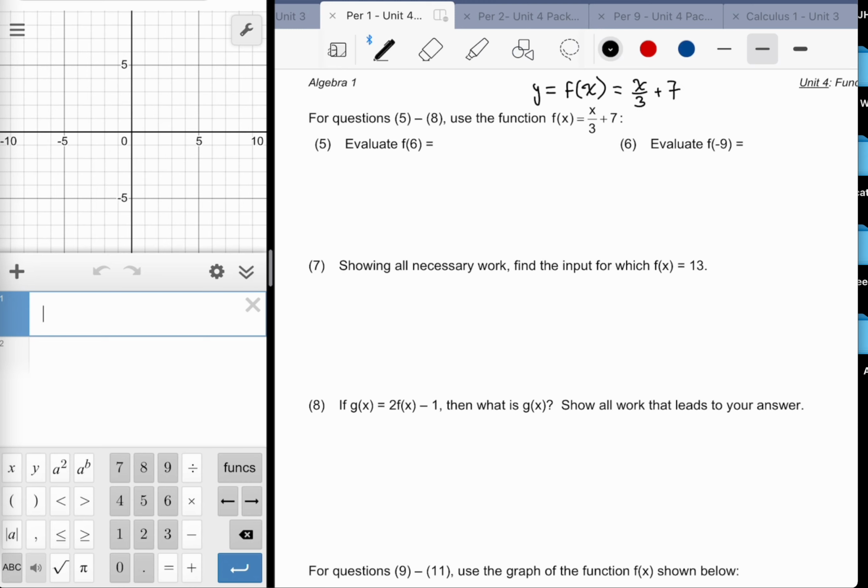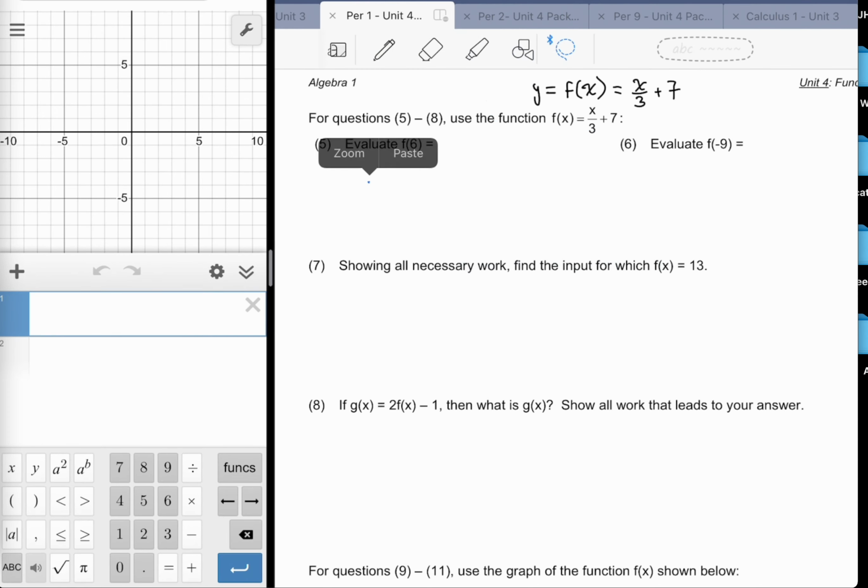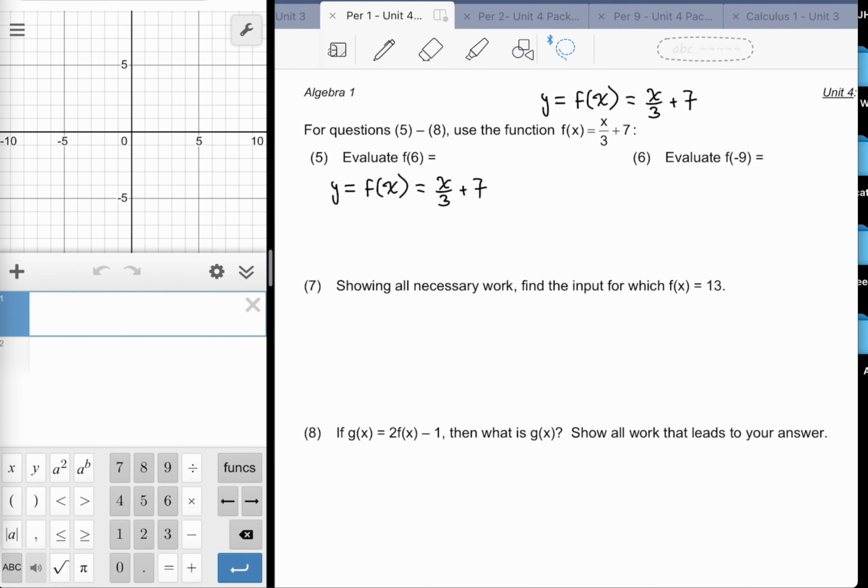So when I say evaluate f of 6, I'm really saying take this function where y is equal to f of x. And just bearing in mind, this is a quick review of what we were talking about yesterday in terms of the notation: when I say y equals f of x equals x over 3 plus 7, I'm really saying that y is equal to x over 3 plus 7.